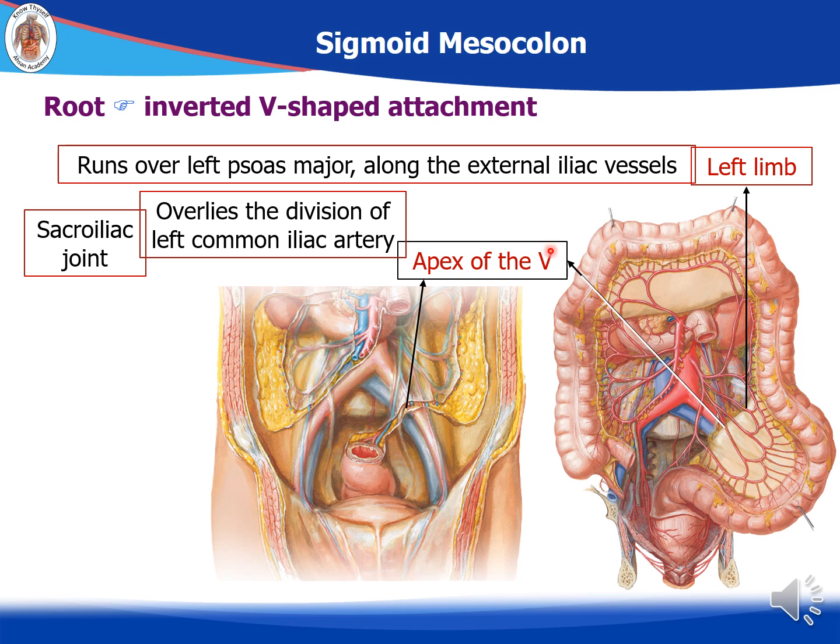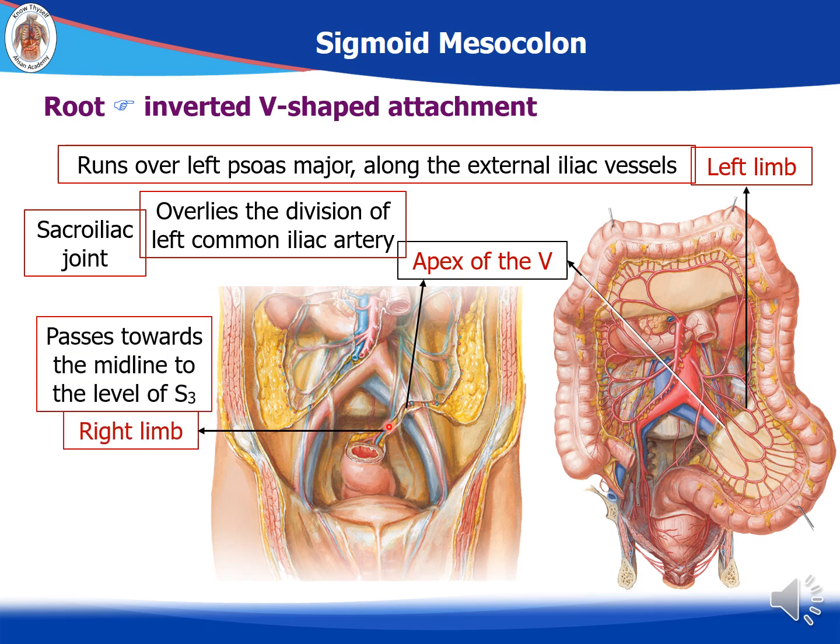So the left limb is running over the left psoas major. You can see this is the psoas major, and goes to the external iliac vessels. So over the external iliac vessels it is running almost parallel to the psoas major muscle. On the opposite side, the right limb descends downwards obliquely and passes up to the level of the third sacral vertebral body.